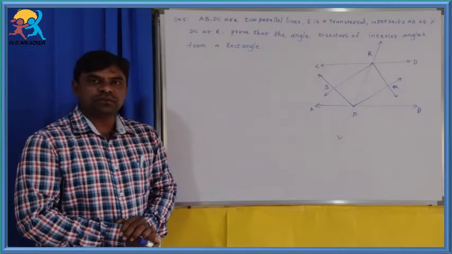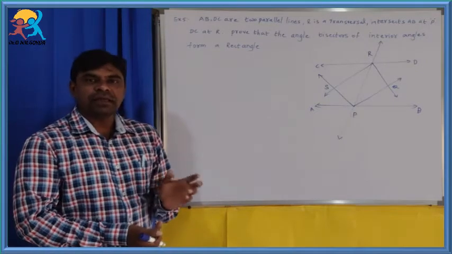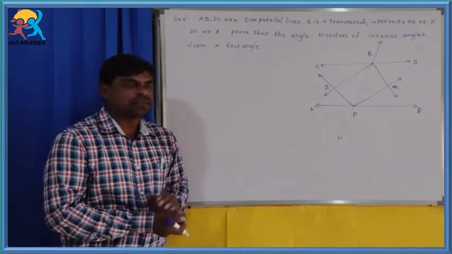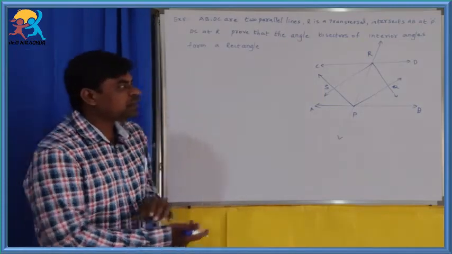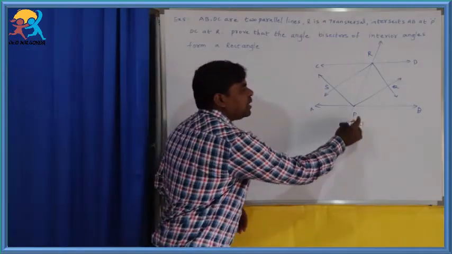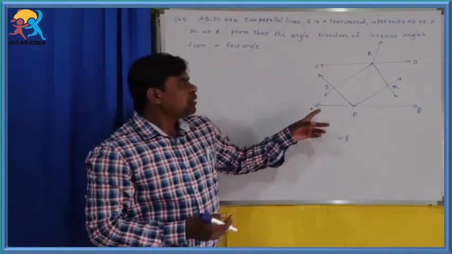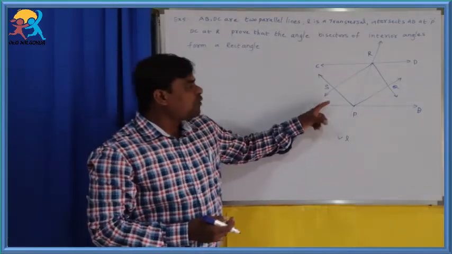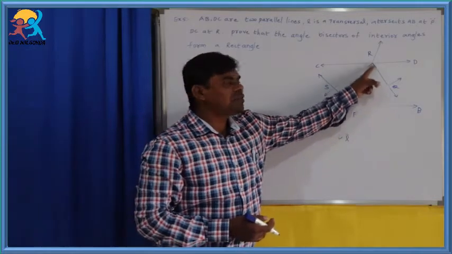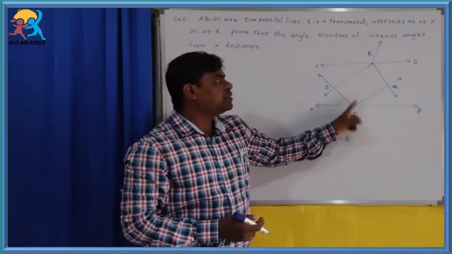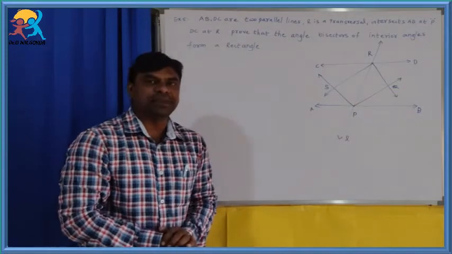ABCD, these two are parallel lines and these are intersected by a transversal, its name is L, and the transversal is intersecting the parallel lines at P and R, and we have to prove that the quadrilateral formed by the angle bisectors between the parallel lines form a rectangle.